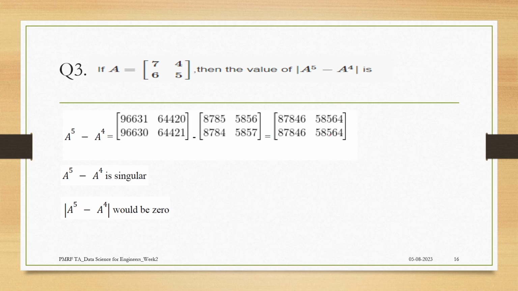You can see the dependency here, so the determinant would be 0. The calculation is difficult, you can just use some theorems to find it easily, but the answer would be 0 because it is singular. There is dependency.